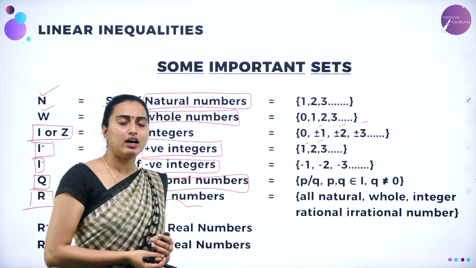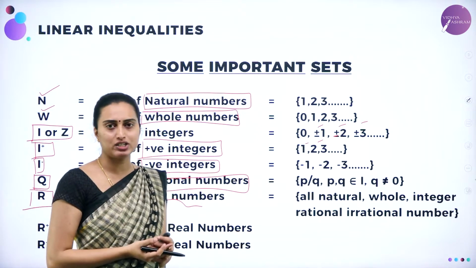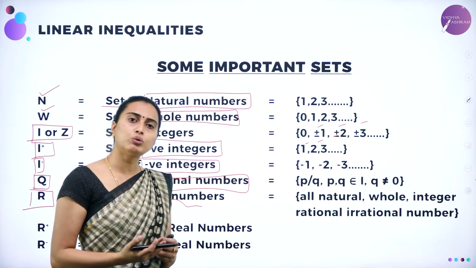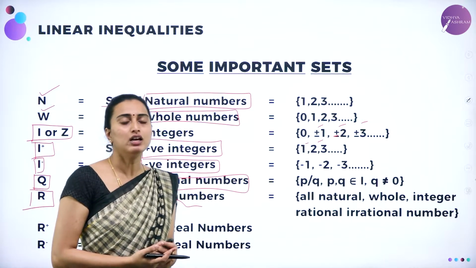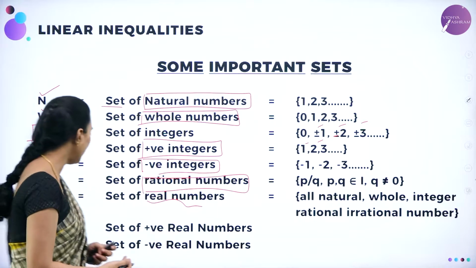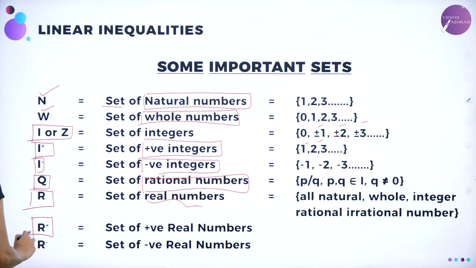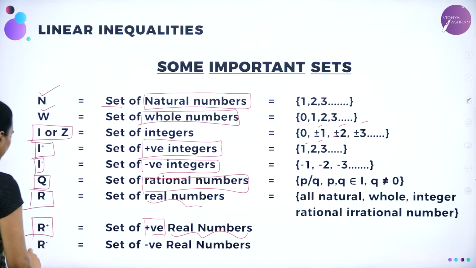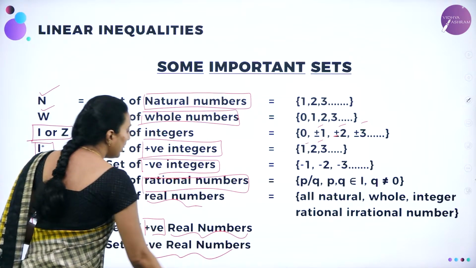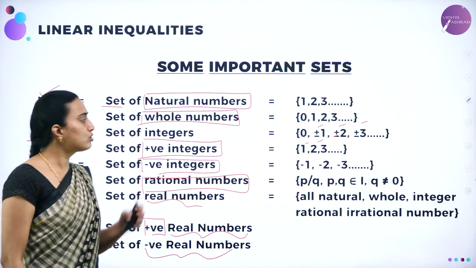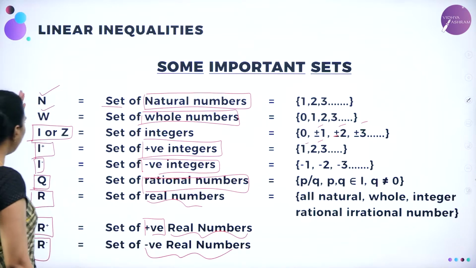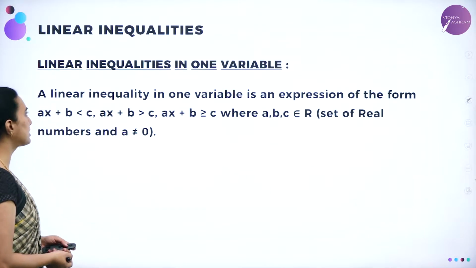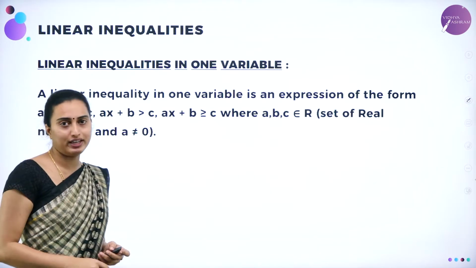Which is not rational is going to be known as irrational numbers, that means which is not in the form of P by Q. For example, root 2, root 3, root 5 are examples of irrational numbers. Now next we'll be moving on to R plus. R plus is nothing but the set of positive real numbers. And then R minus is nothing but known as the set of negative real numbers. So these are some important sets and how we are going to denote them by the letter; you need to remember.